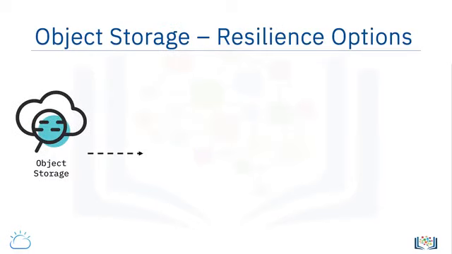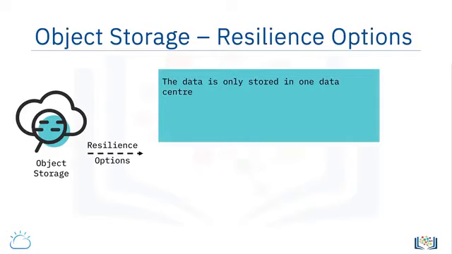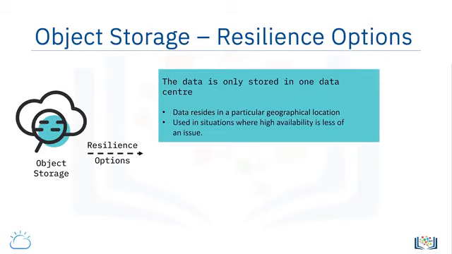Some cloud providers offer different types of buckets with different levels of resilience. For example, they offer buckets which are resilient, but the data is only stored in one data center. This is a good option where data needs to reside in a particular geographical location, or in situations where high availability is less of an issue.